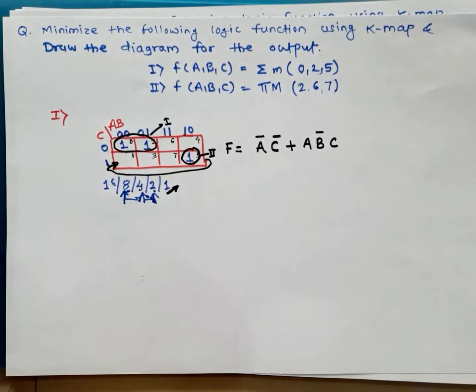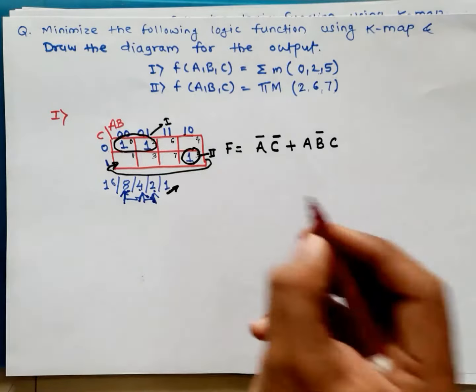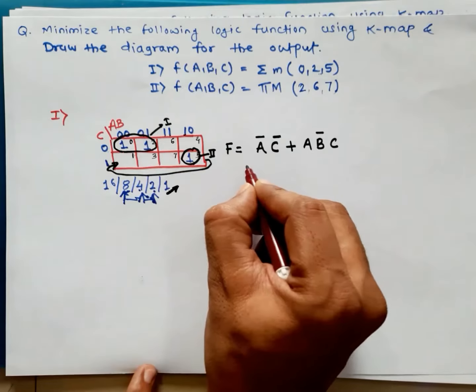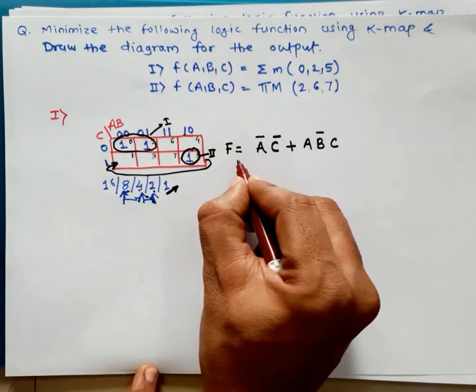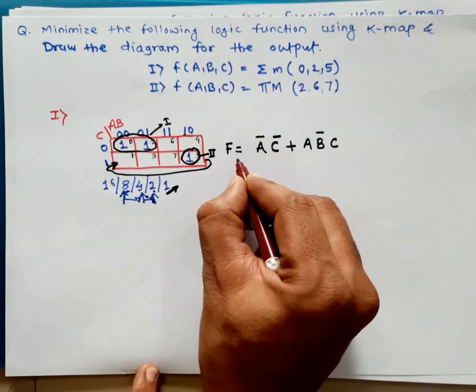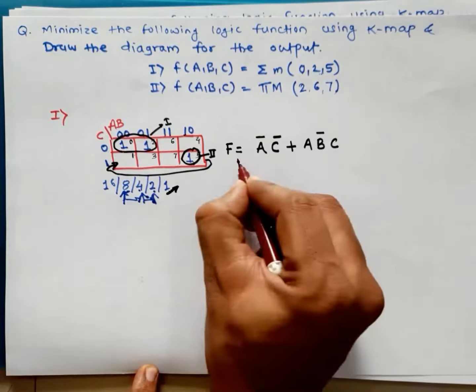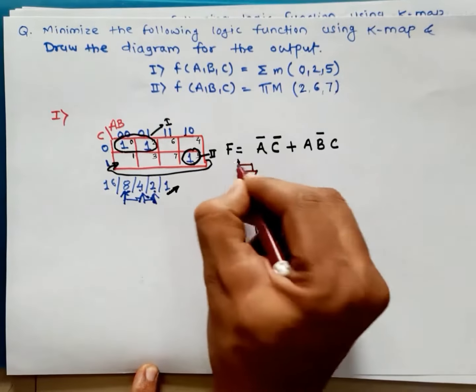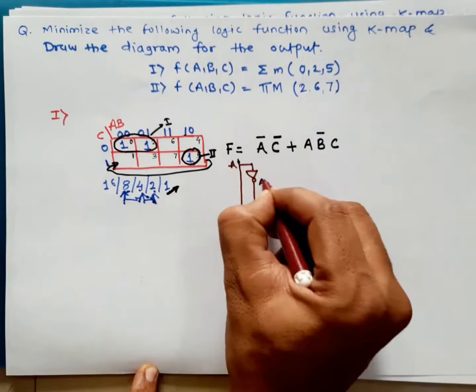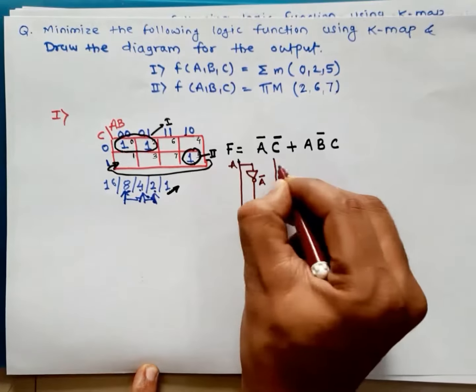Now we want to design the circuit diagram for the reduced equation. While designing the circuit diagram, the first basic thing: how many variables are given, you have to write down the negation of each. By using a NOT gate, you have to design the negations of each and every variable in this way.